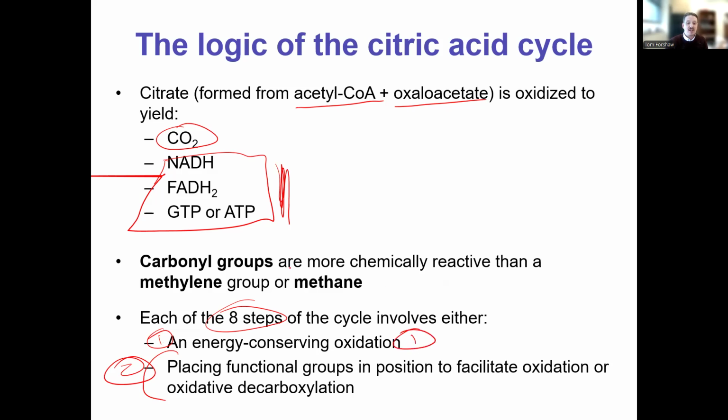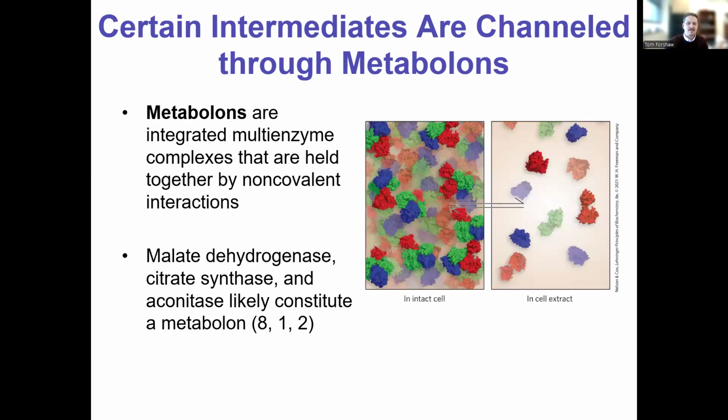And a lot of this is really generating carbonyl groups, because carbonyl groups are more reactive than methylene groups or methane groups, or alkenes or alkanes. And so you generate carbonyls instead often with this step 2, which makes it easier for the step 1, a type 1 energy conserving reaction to occur.